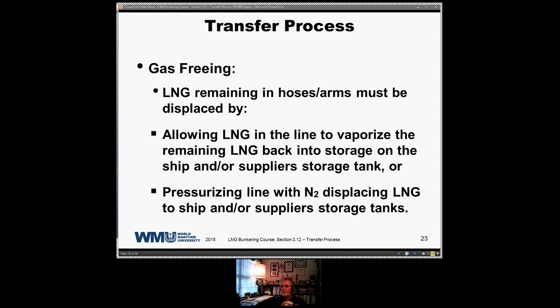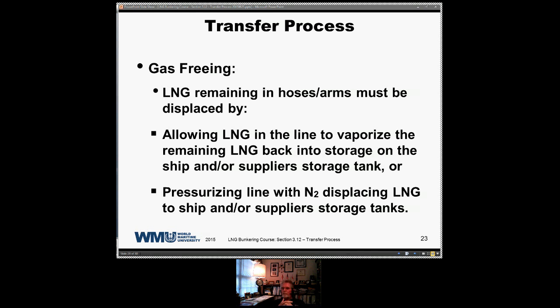And what we do now is we introduce nitrogen under pressure into the arm, and then through a bypass valve, we force the remaining LNG that's in those arms under pressure into the cargo tanks of the ship or into the bunker tank of the ship. This is done in a controlled manner.